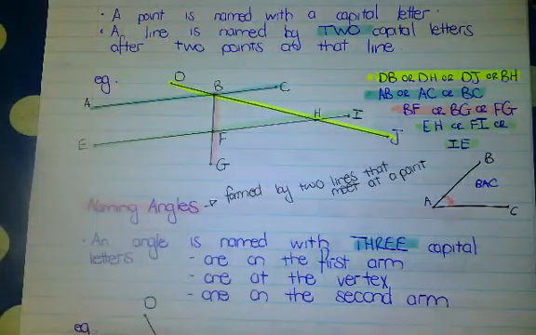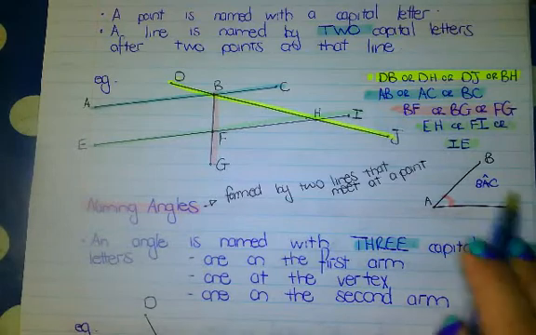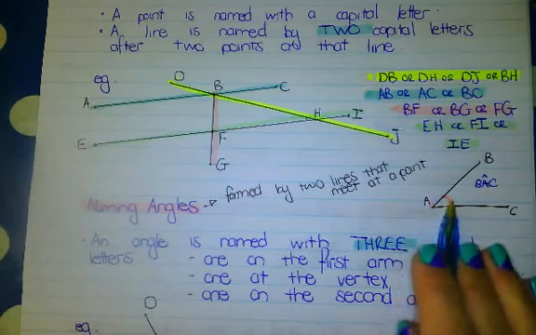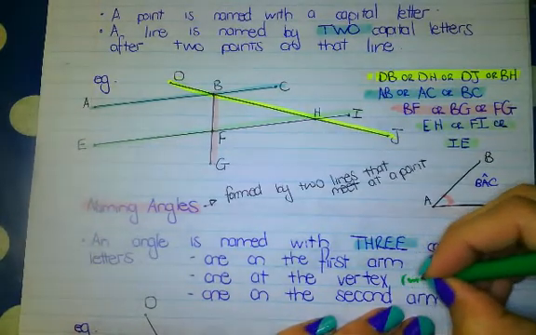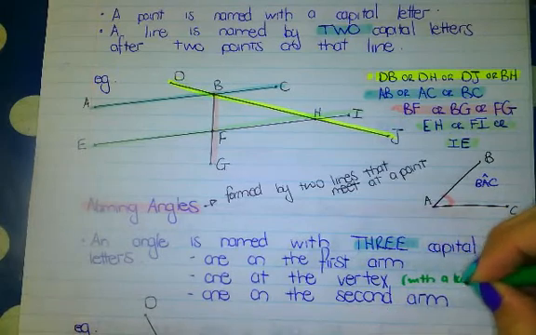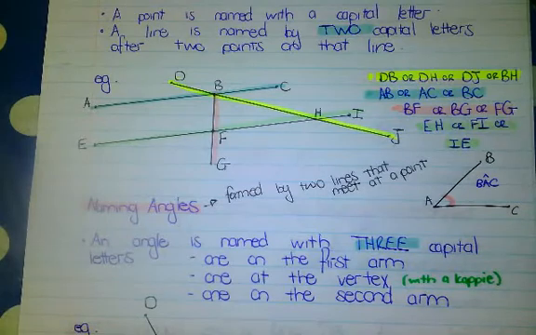Okay, and more than that, you always need to put a little hat over the middle letter. You put a hat over the letter where the angle is. Okay, so I'm going to actually just add that as a note here. One at the vertex with a hat. Okay. So where the angle is must get a little hat over it.